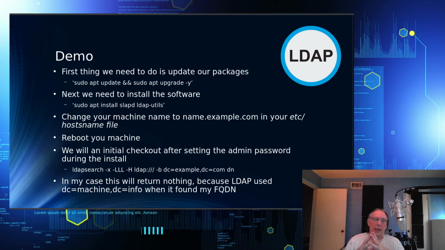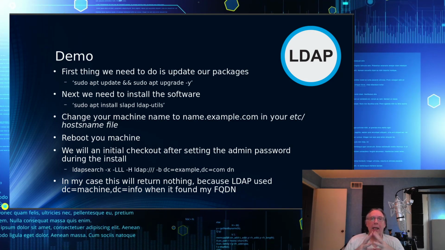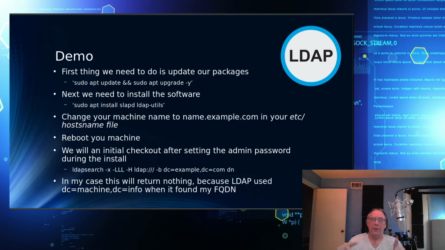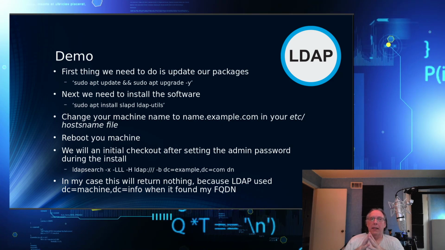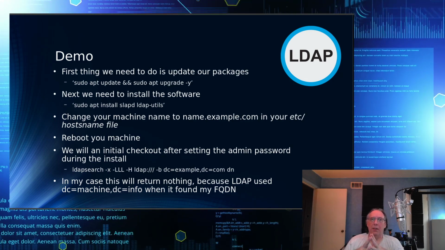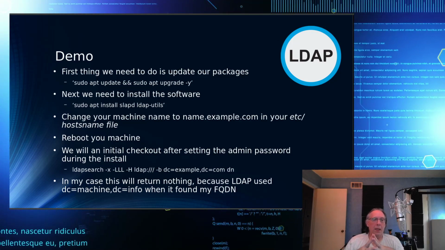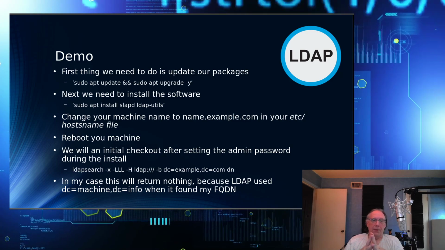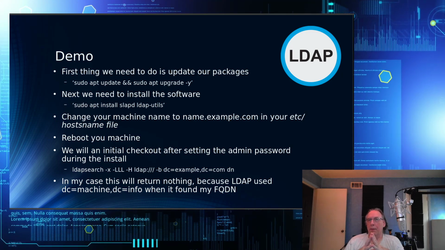The -LLL is to return the output in LDIF format, and the other two additional L's format it a little bit better and remove some of the junk fields that you really don't want to see. The -H is the URL to the LDAP server, and in this case it's ldap:/// with three slashes.